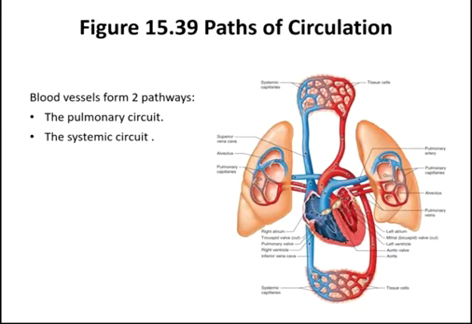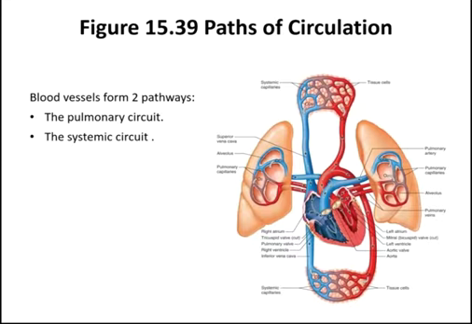The path of circulation, right? This is something we just covered at the start of this chapter, but to remind you, we have 2 different pathways. We have the pulmonary circuit that takes deoxygenated blood from the right side of the heart and carries it out to the lungs and carries oxygenated blood to the left side. That's the pulmonary circuit.